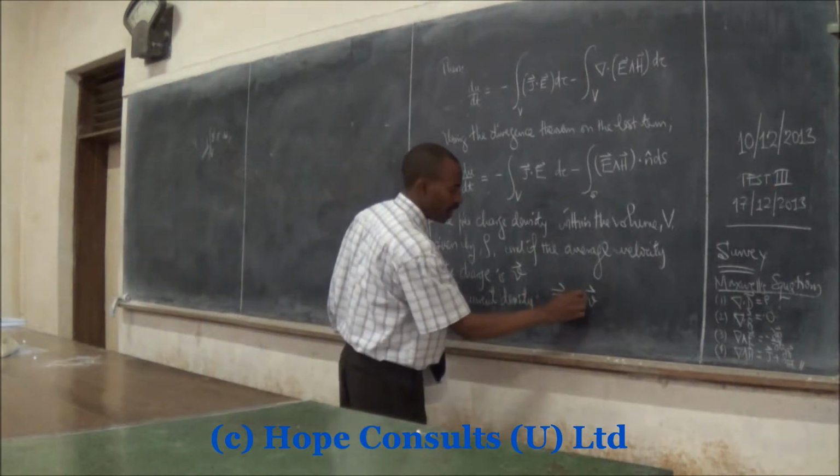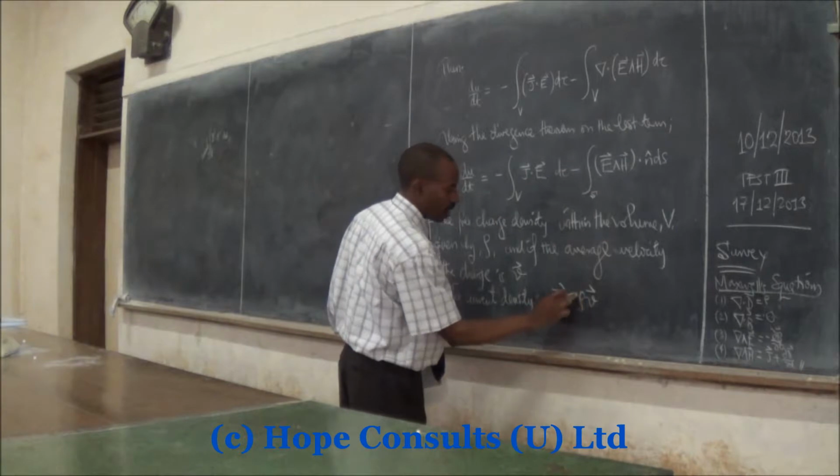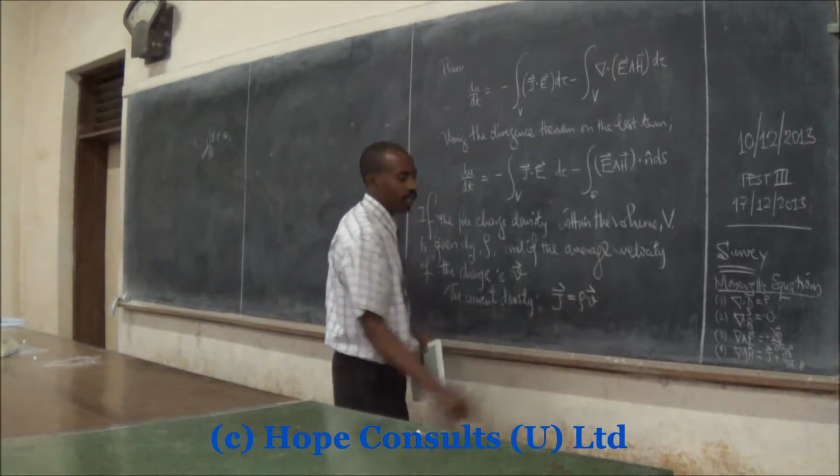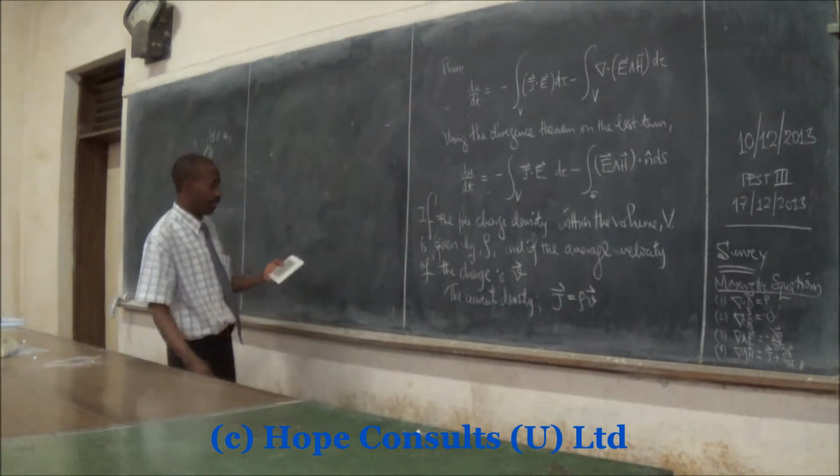It's the charge density times the velocity at which the charge will be moving, then you will get the current density.